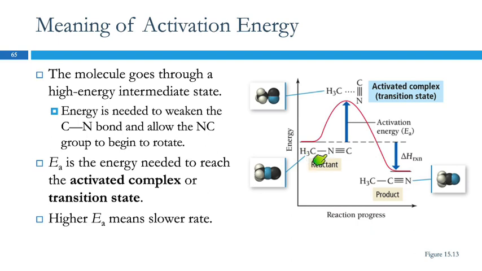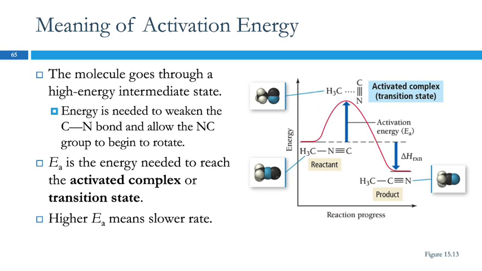So we need to weaken this and allow this group to rotate. So this carbon can come over here. So this is an activated complex, which is higher in energy. This bond is kind of in an intermediate state, and this is in the process of switching over, of rotating.